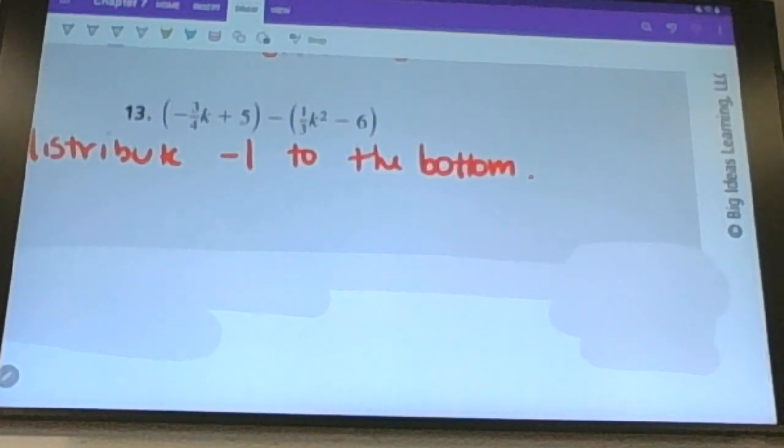Number 13, I'm going to write it vertically. 3/4 k plus 5 minus 1/3 k squared. Uh-oh. The most important thing about stacking vertically is that you line it up. I'm not going to put a k squared underneath a regular k. So I'm going to erase.